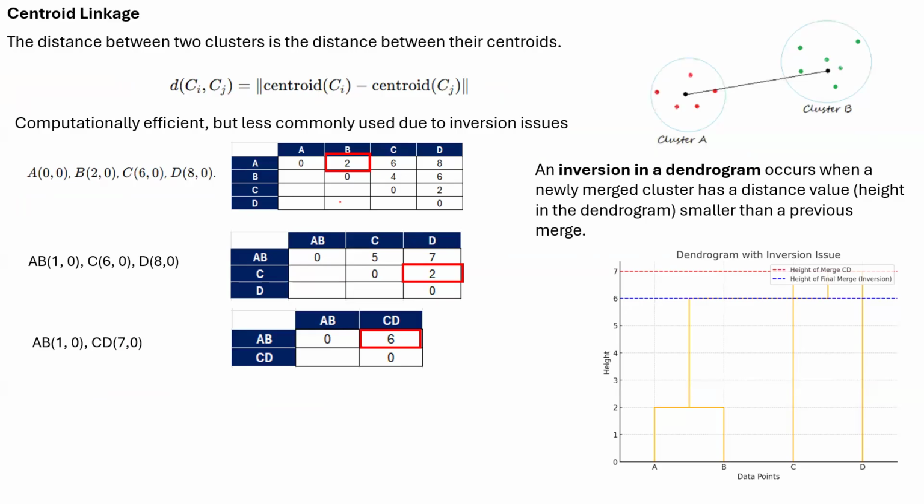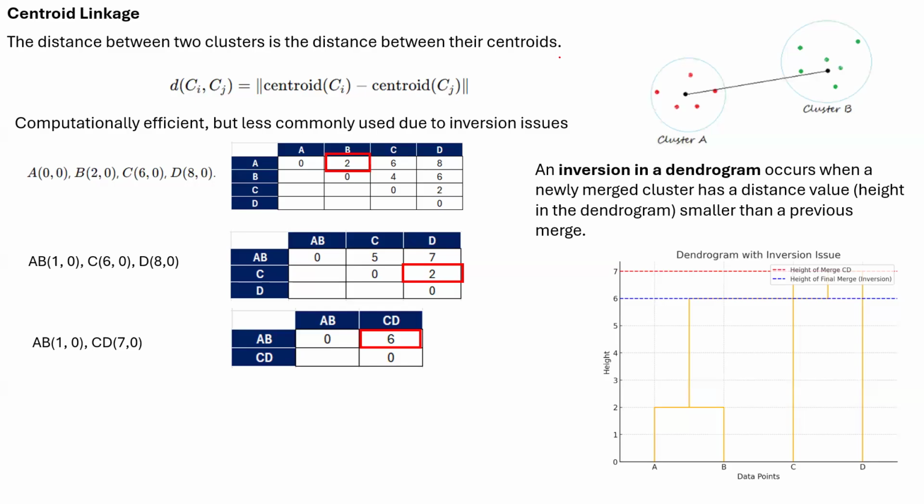Centroid linkage is nothing but the distance between two clusters is the distance between their centroids. Calculate the centroid of each cluster, and then the distance between the centroids is treated as the linkage distance, the linkage function.